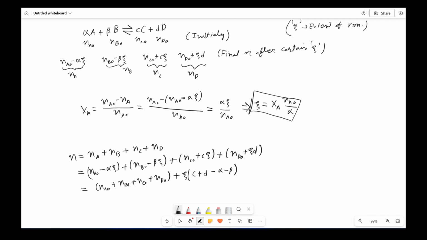So from this expression, we can say that this quantity is the total initial moles.